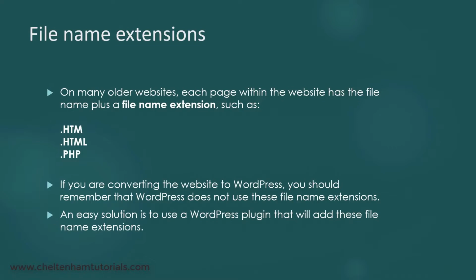So what you need to do is find some way of basically replicating the old file name structure. So let's say you had a file called contactus.php for sake of argument. If that's where your Contact Us page was on the old website, then you need to create a new page called Contact Us, and you also need to find a way of adding the .php.